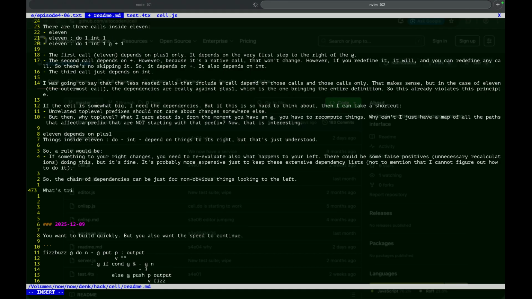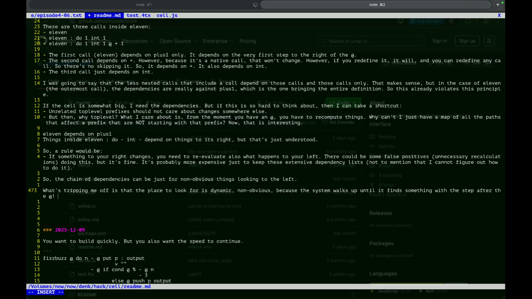What's tripping me up is that the place to look for is dynamic, non-obvious, because the system walks up until it finds something with the step after the add.